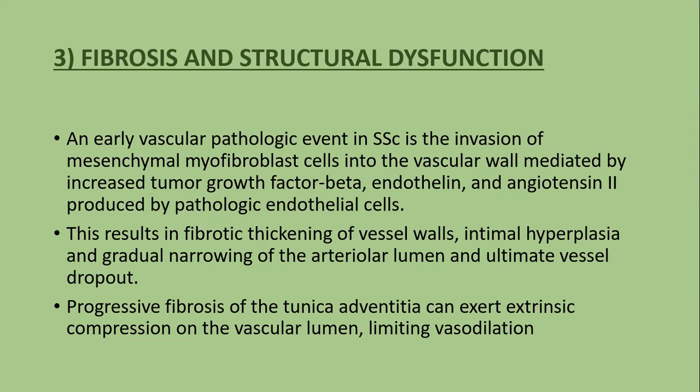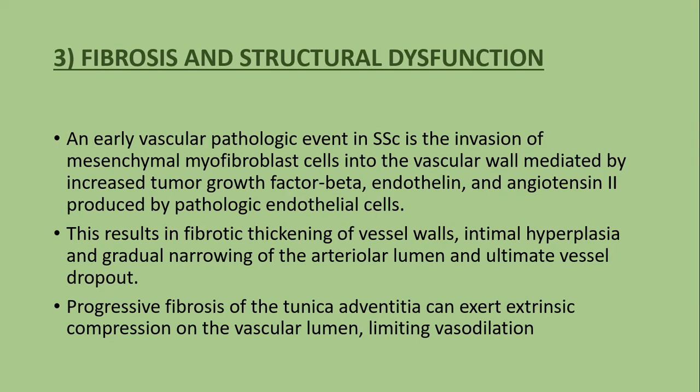The third factor is fibrosis and structural dysfunction. An early vascular pathologic event in systemic sclerosis is the invasion of mesenchymal myofibroblast cells into the vascular wall, mediated by increased transforming growth factor beta, endothelin, and angiotensin II produced by pathologic endothelial cells.